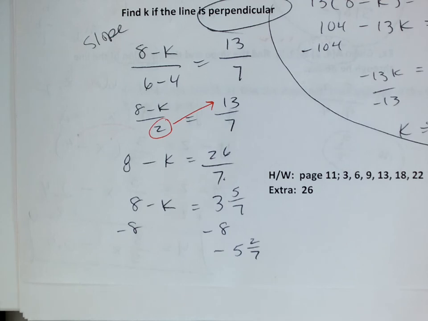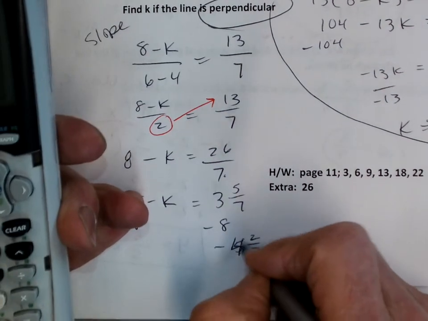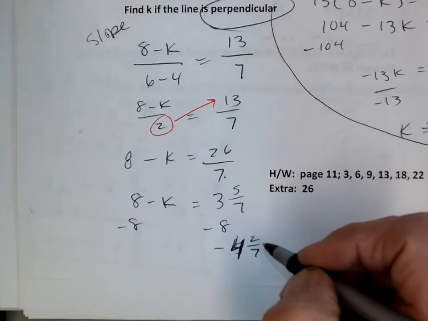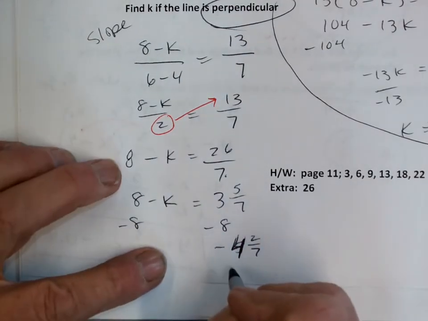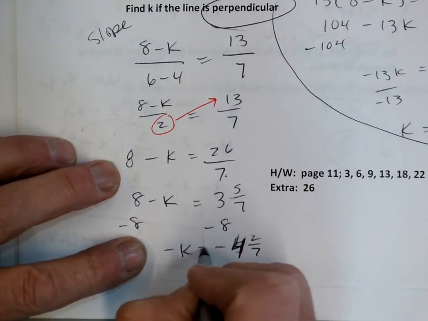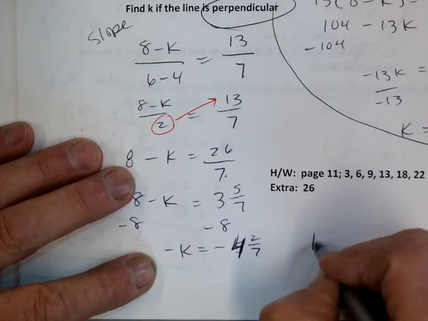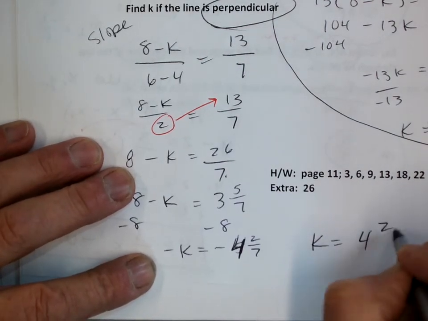Hold on just a second. Make sure I did my math right. I knew it. I had to borrow. Minus 8, minus 8. Okay, so then I get negative k equals that. Divide by a negative, and k has to be the value of 4 and 2 sevenths.